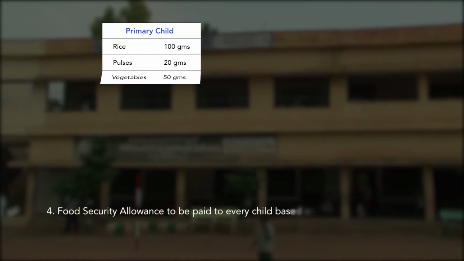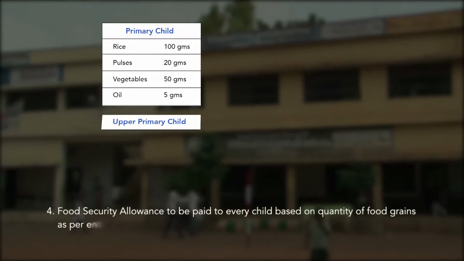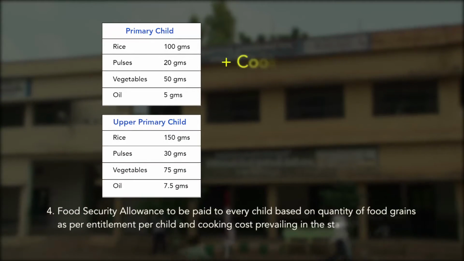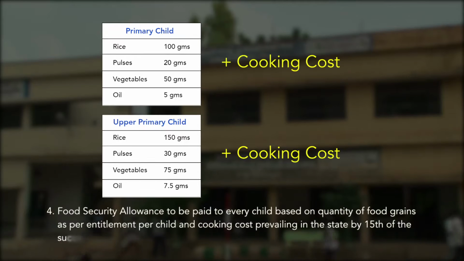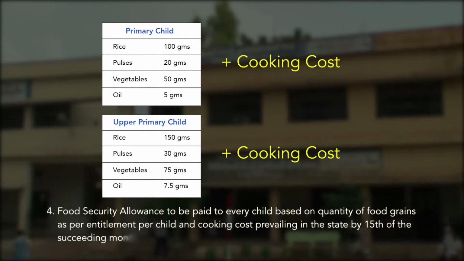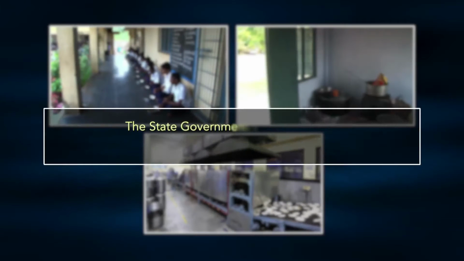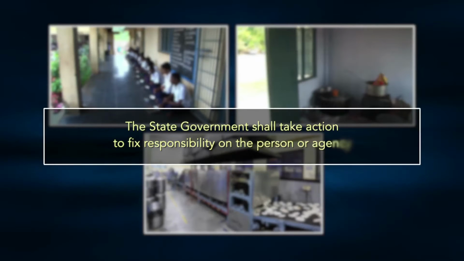Food security allowance to be paid to every child based on quantity of food grains as per entitlement per child and cooking cost prevailing in the state by 15th of the succeeding month. The state government shall take action to fix responsibility on the person or agency.